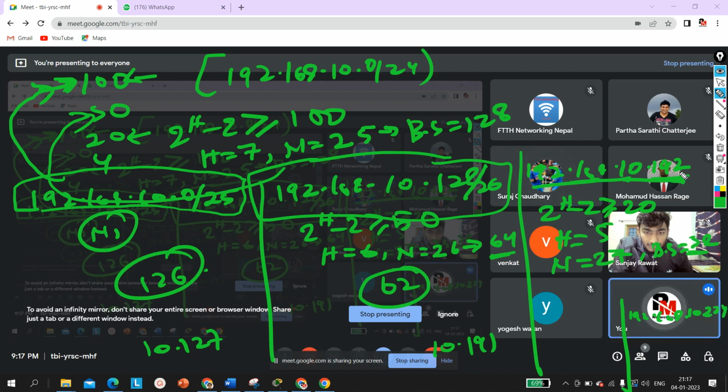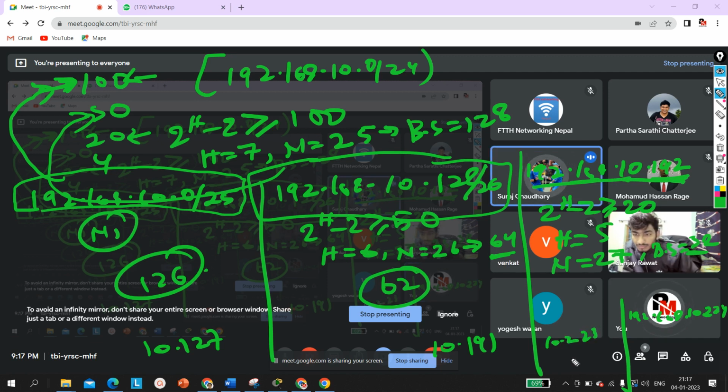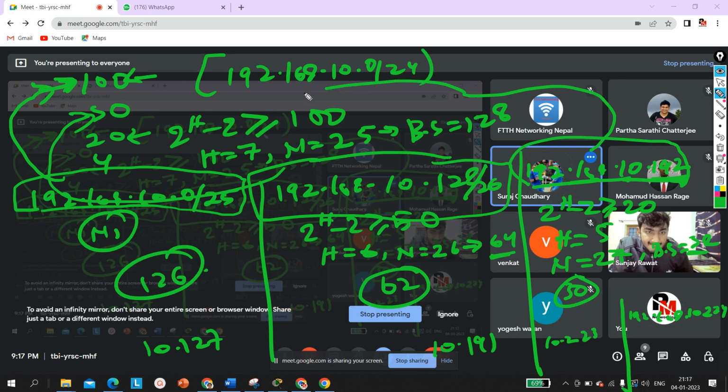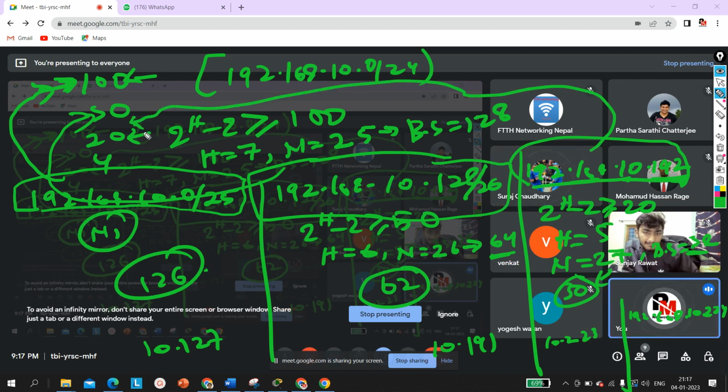And this network will end on 10.223. How many valid hosts are there? 30. So can I assign this network for department 3? Yes. Here we get 30 valid IP addresses and we need 20. The requirement is fulfilled.